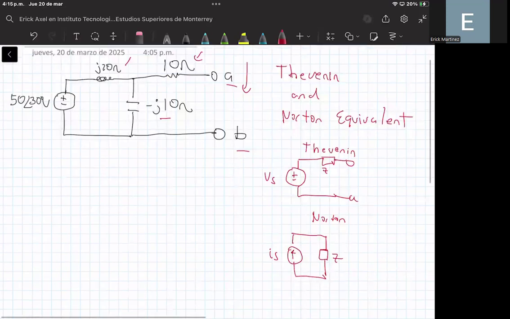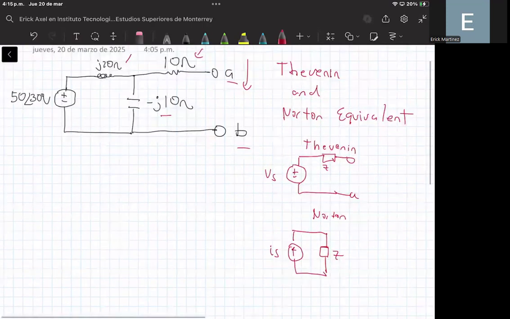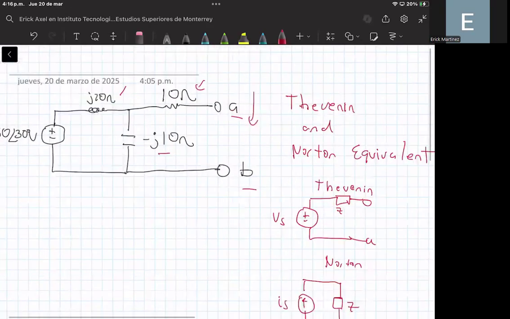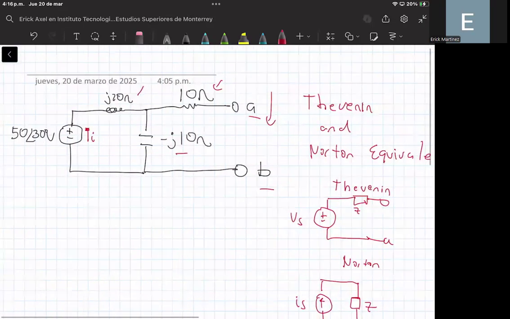Okay, so how can we compute the voltage that is seen in terminals A and B, okay, across these two terminals? Well, one way to do that is to apply the Kirchhoff voltage law. Okay, so we can say that we have a current that is provided by the voltage source, that is, I will label this as I. And this current I is flowing from the voltage source to this inductor.